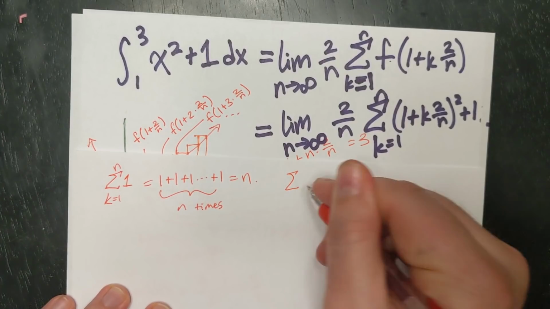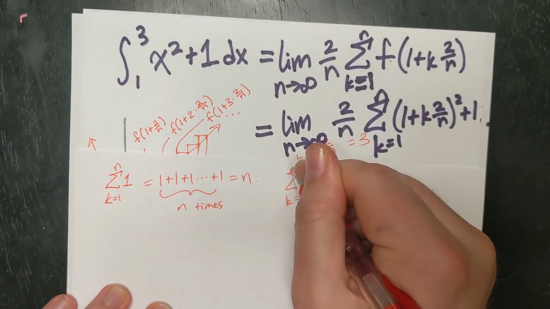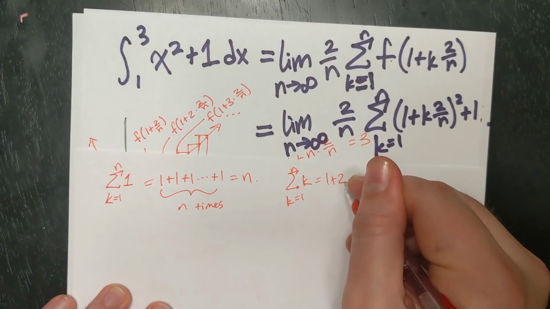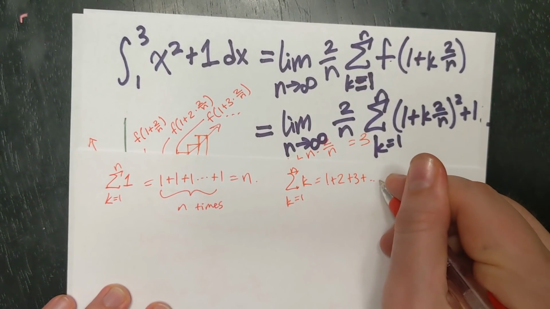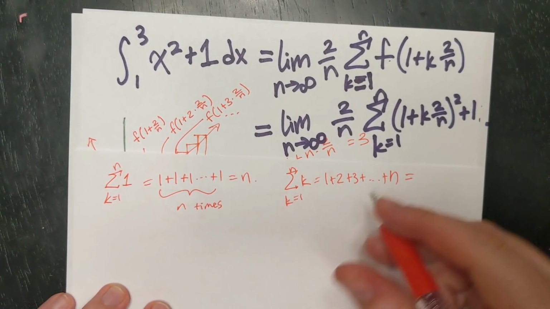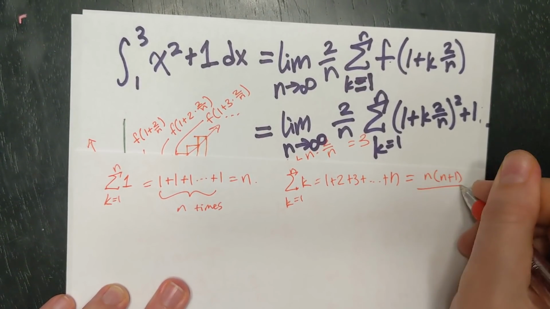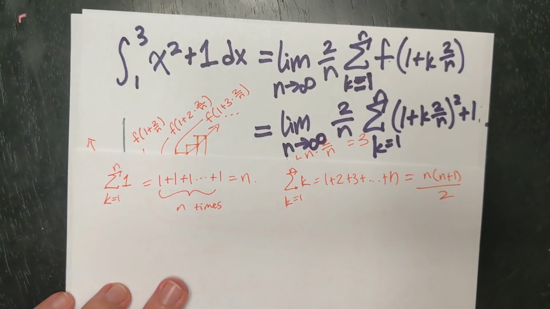Or if it's the sum of just k from k equals 1 to n, that's 1 plus 2 plus 3, going all the way up to n. And we've talked about how this comes out to be n times n plus 1 all over 2.